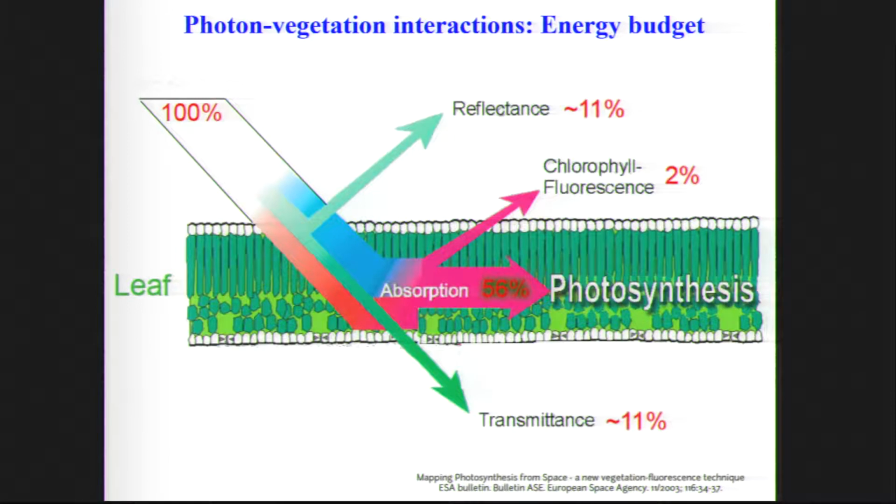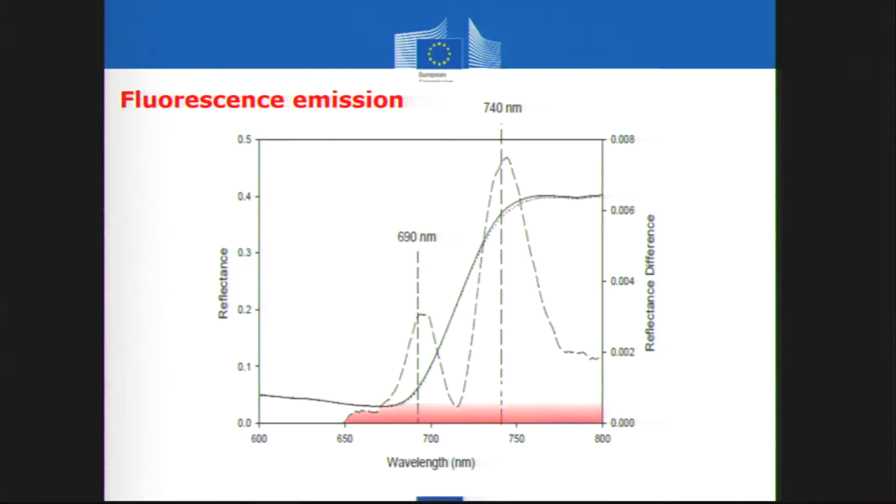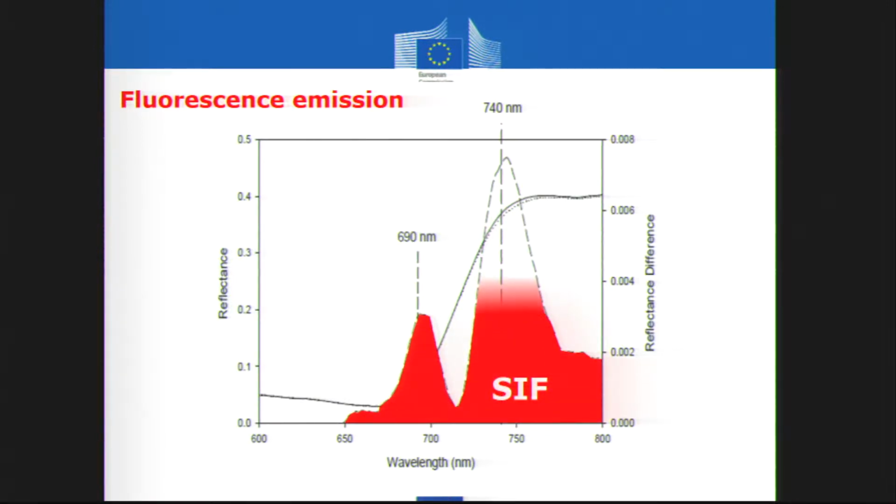Another one that is closely linked with photosynthesis is chlorophyll fluorescence. We are talking about a very small amount, around 2% of the amount of energy that is re-emitted at longer wavelengths because it's not needed in the process. And this chlorophyll fluorescence is re-emitted at longer wavelengths, centered at the PS2 and PS1 photosystems.